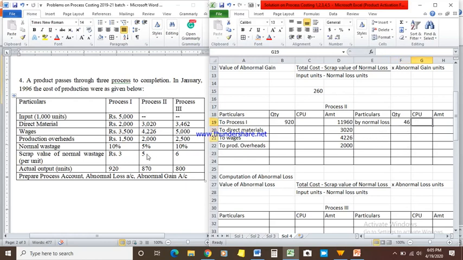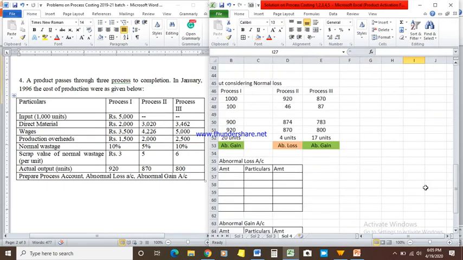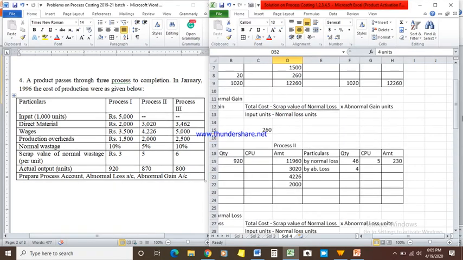Now the normal loss value is given as 5 rupees per unit. So it comes to 46 into 5, 230. Now abnormal loss: we already calculated it as 4 units. In the working note below I have shown you the 4 units is the abnormal loss.